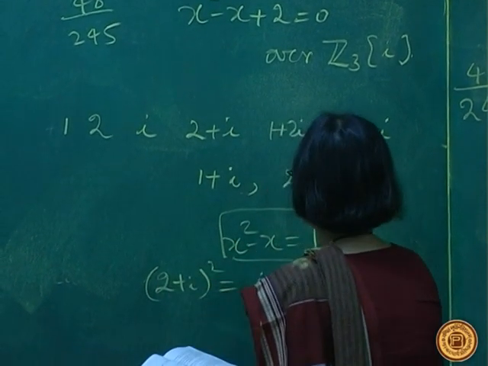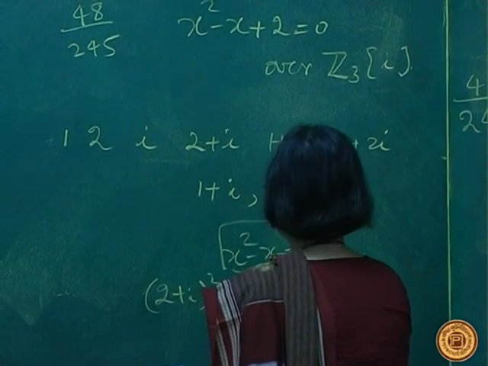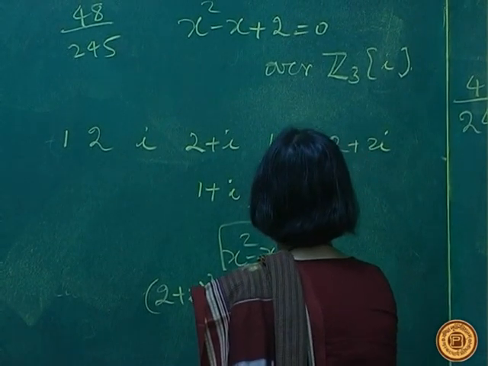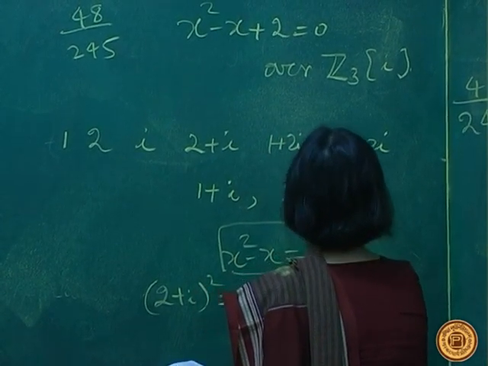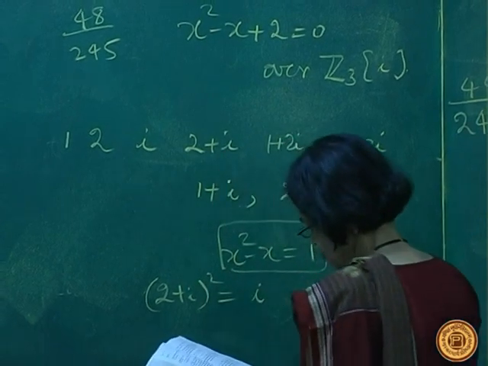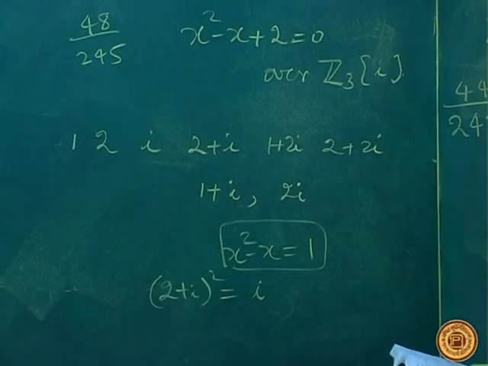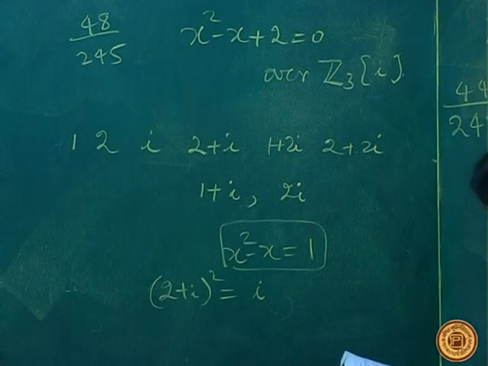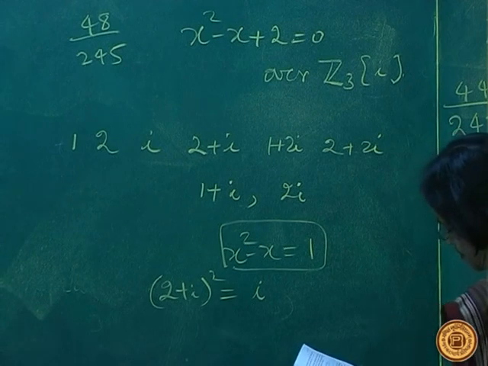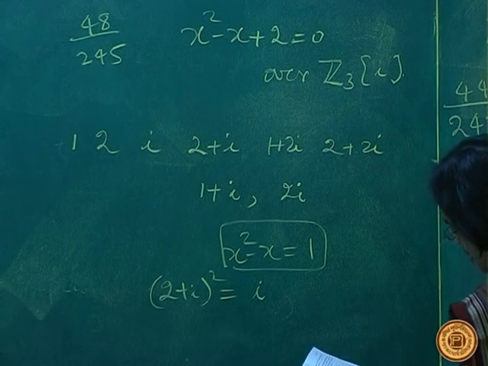So this minus 2 plus i will be minus 2 and it will be 1. So this works. And the other solution that you will have is 1 plus 2i. Will it be 1 plus, yes. 1 plus 2i squared is i.